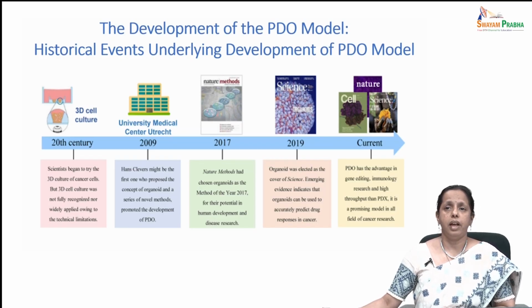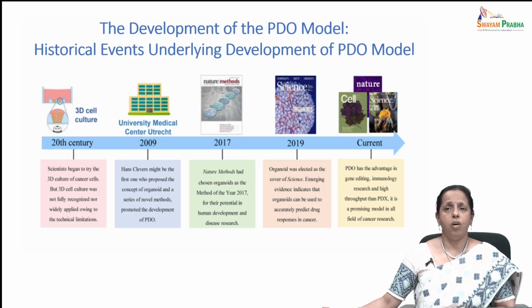So, it has been shown that the patient-derived tumor tissue is first digested into single cells and transplanted into a basement membrane with the growth factors, and would be reorganized successfully in several weeks.